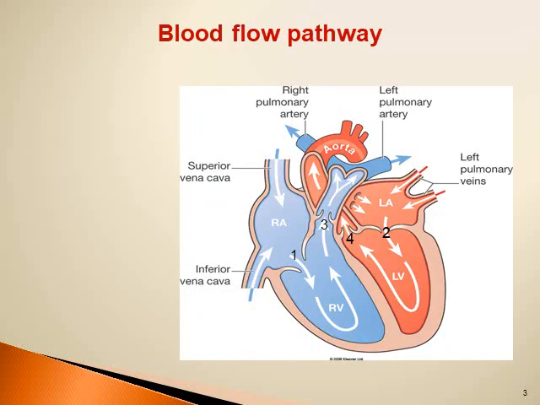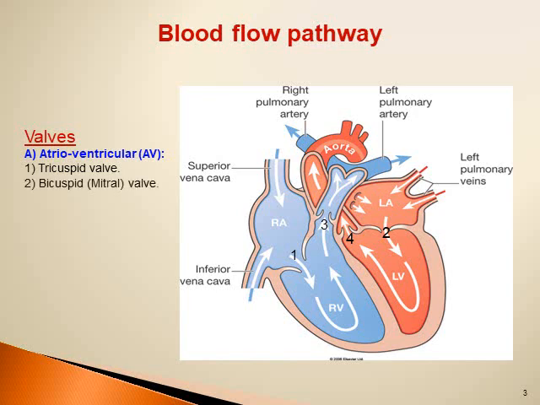As you know, the heart is composed of 4 chambers and it has 4 valves. 2 valves separate the atria from the respective ventricles, and these are called the atrioventricular valves or the AV valves, and these are the tricuspid valve on the right side and the bicuspid or mitral valve on the left side.